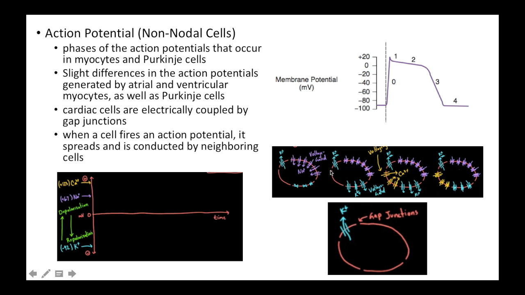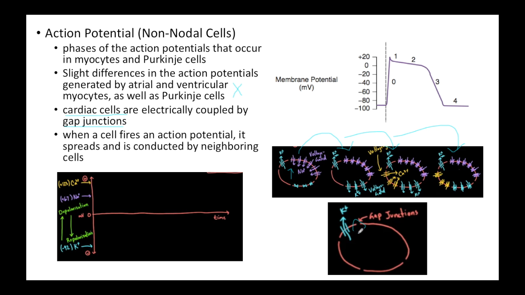Okay. Now we're going to talk about the actual action potential that goes on in these myocytes. There are slight differences in the action potentials between the atrial myocytes, the ventricular myocytes, and the Purkinje cells, but that's a little too in depth right now, so I'm not going to go over that. Don't worry about it. And again, remember, cardiac cells are electrically coupled by gap junctions, which allow for when a cell fires an action potential to spread to neighboring cells.